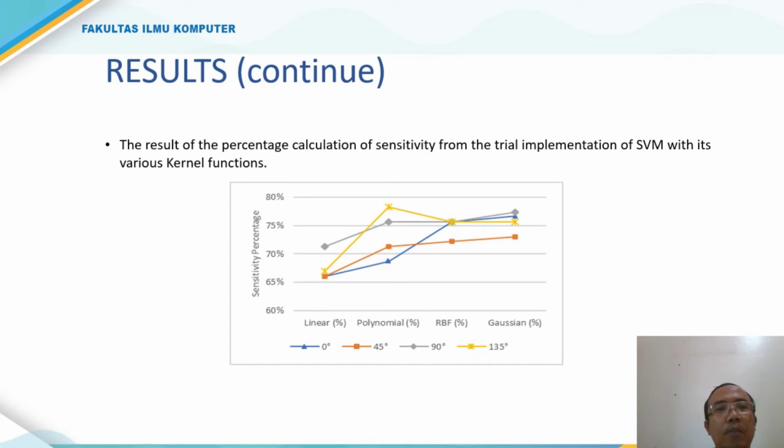Results continue. The result of the percentage calculation of sensitivity from the trial implementation of SVM with its various kernel functions.